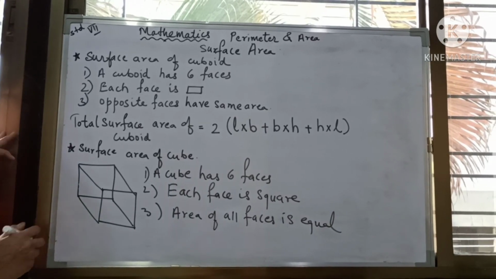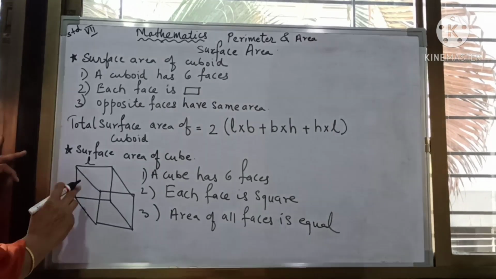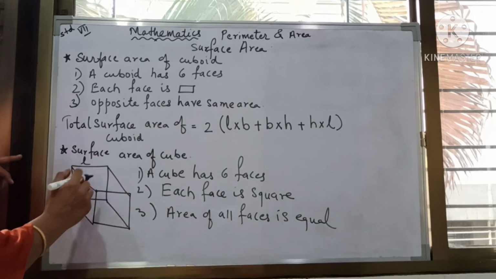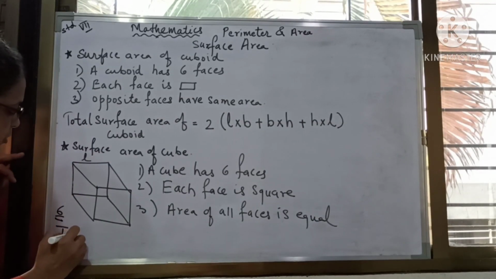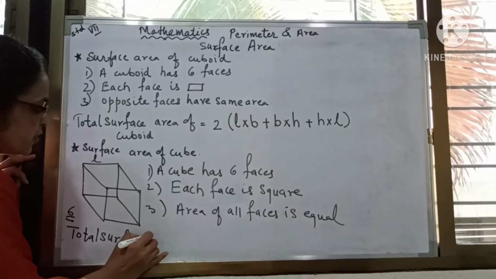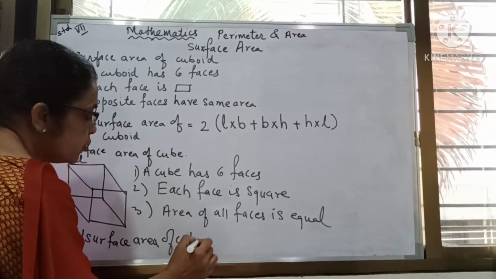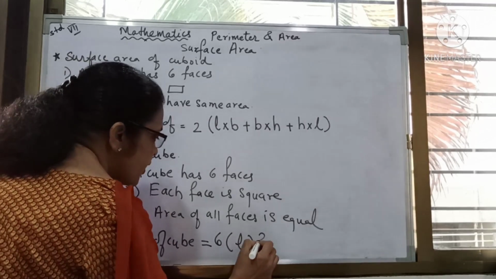Now let us assume each side to be L. So the area of each square will be L square, and such 6 faces are there. So the total surface area of a cube, the formula is 6 into L square.